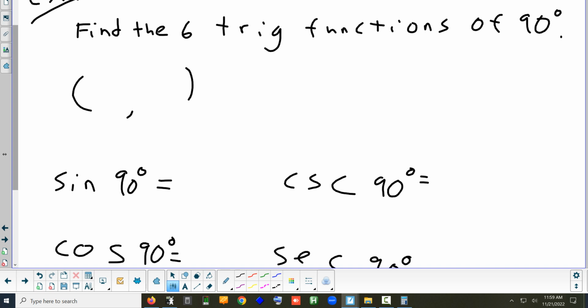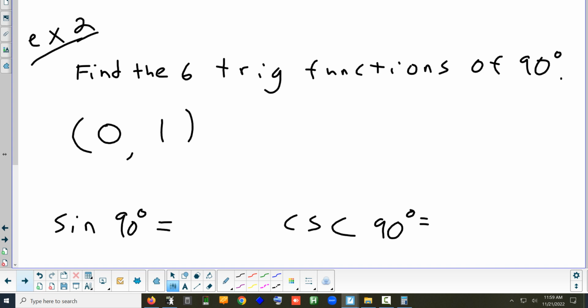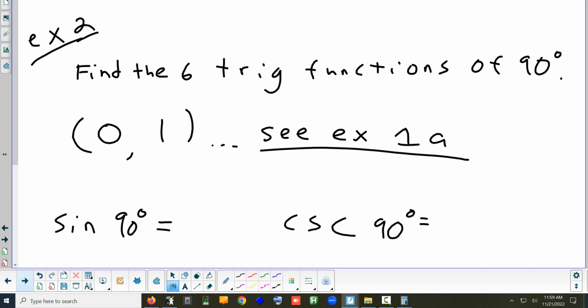So we don't go left and right, we go up. So that's (0, 1). Now we've already done that problem. See example 1a. It's the same question. The only thing you had to do was find the coordinate first.